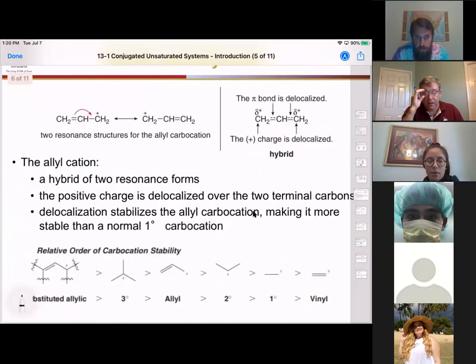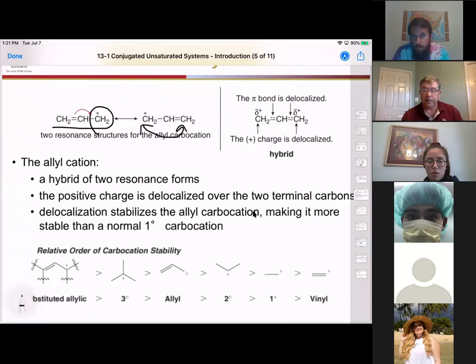Okay, so if we look at the resonance structure of that, we can start with the carbocation on just one of the carbons, and just by moving the electrons over, because remember, in resonance structures we only move electrons, no bonds are broken, no atoms move. We can take that positive charge and move it from one carbon at the end to the other carbon at the end.